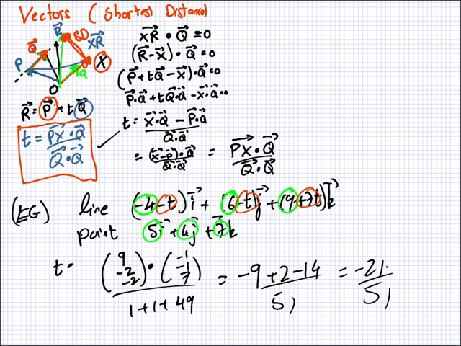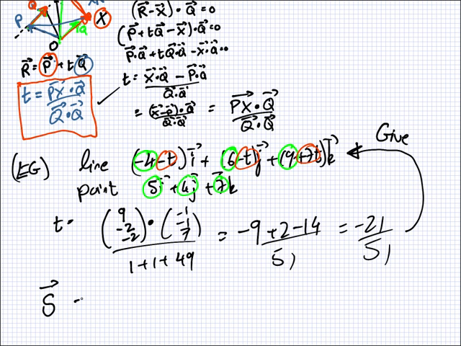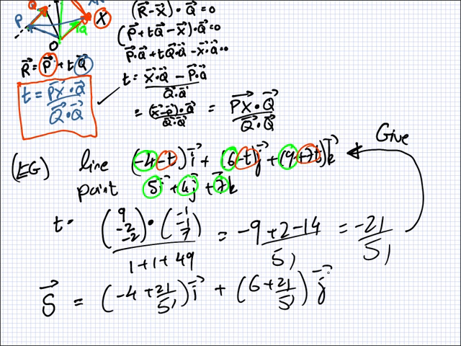So what you can do is put that back into here, and this will give you this point here. I'll call it S. So then I get S equals minus 4 plus 21 over 51, plus 6 plus 21 over 51, plus 9 minus 7, 147 over 51.